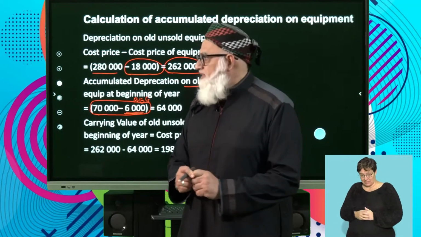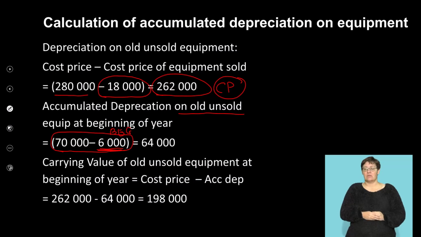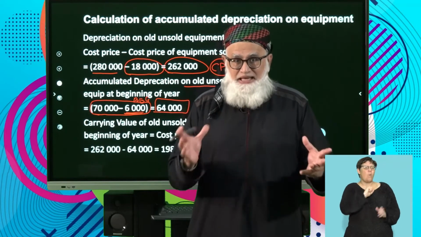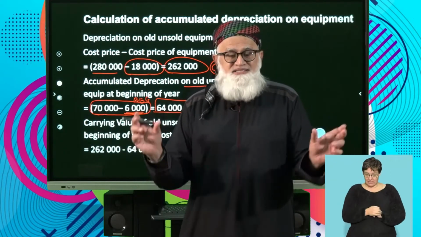Got that? Brilliant. So we got the 70,000 minus the 6,000 to give me a figure of 64,000 Rand. Okay, so that is now the accumulated depreciation of the old unsold equipment. Clear? Have I got my two brackets? Let me check.